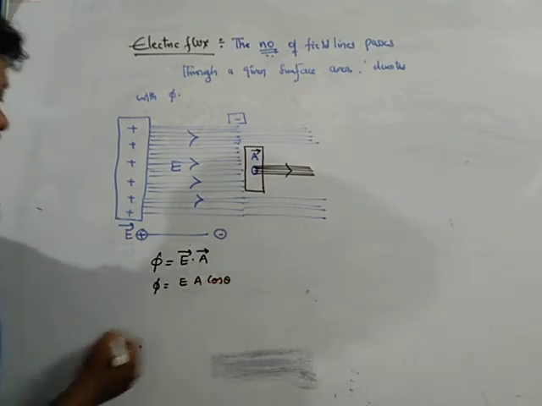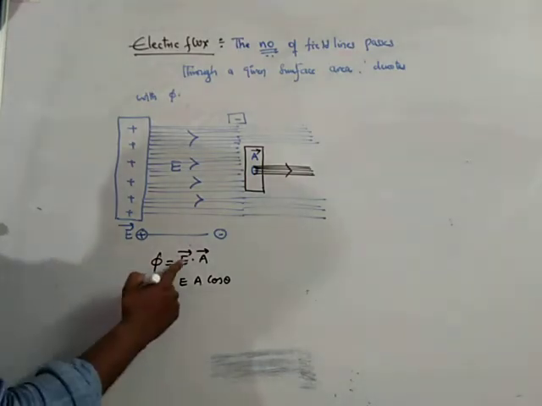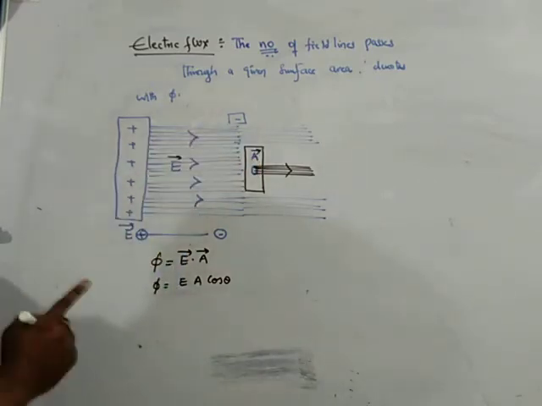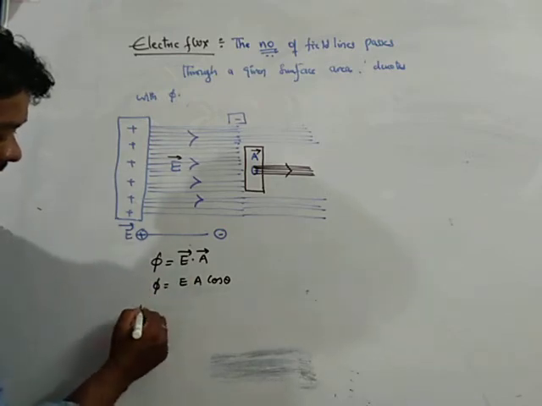So we already studied about vectors. And the electric flux, what type of quantity is it? It is the product of two vectors, where E has a direction and area has a direction. Both have a direction.